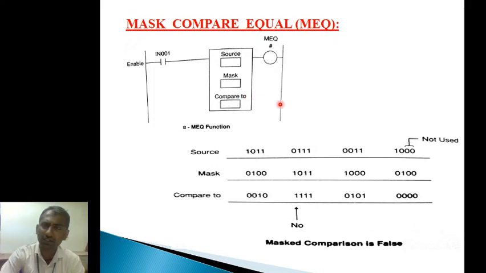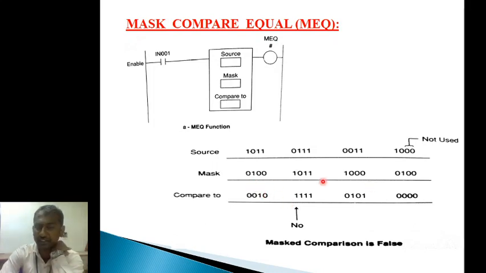And similarly, the mask compare equal test. That means you have one value in the source, and we have to compare that source value with another compared value. So here is the compared value, and we can provide some mask input also. That mask input is nothing but wherever the mask input is high, there only the comparison between the source and compare values will be carried out. If those two are equal, then the masked comparison is true, and if those two are not equal, then the masked comparison is false. So here this is the mask input.